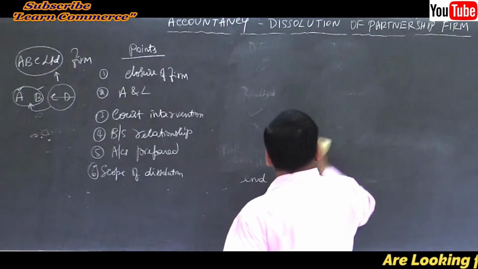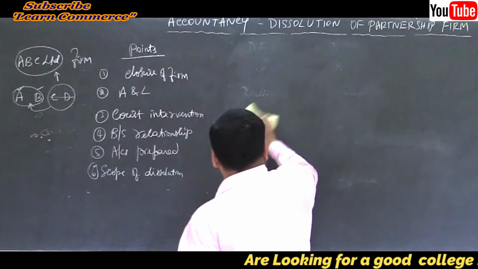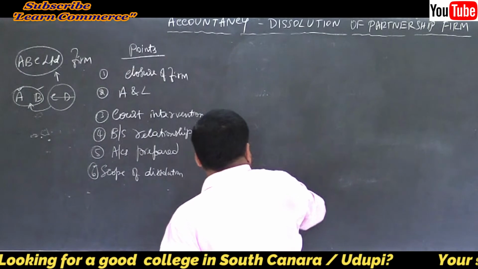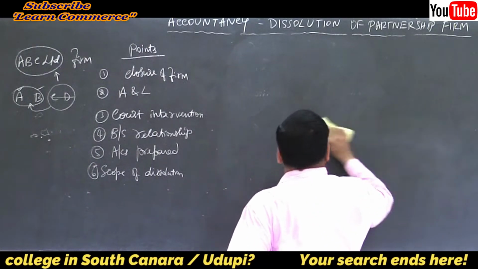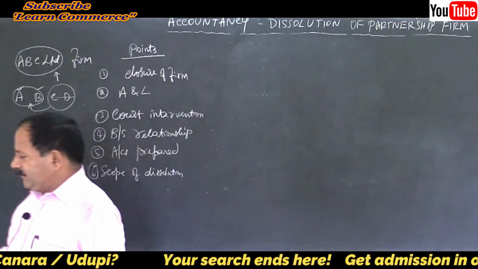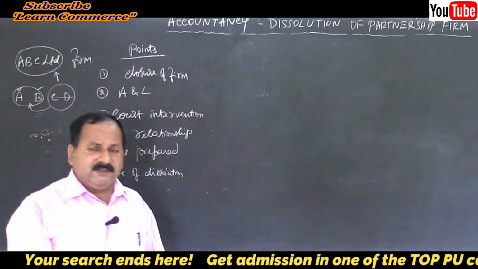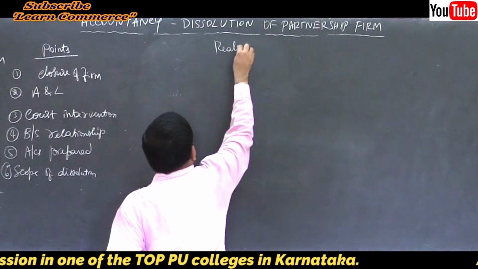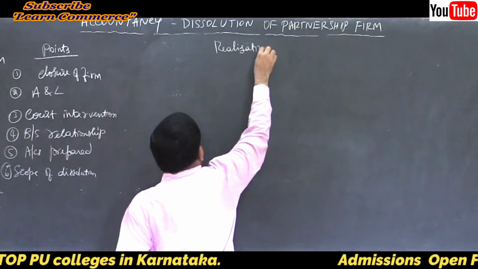See, I told you we will prepare the realization account, right? Realization account is just a ledger account. The way we prepare other ledger accounts, in the same way, there will be columns, and there will be debit and credit. So, realization account.